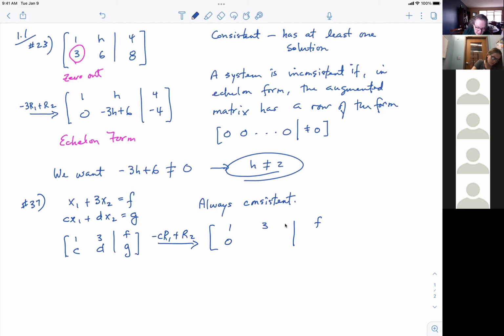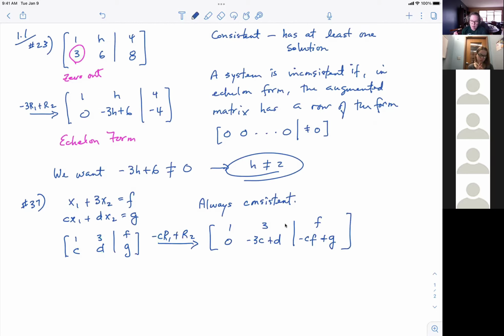And then I've got negative c times 3 plus d, so negative 3c plus d here. And then negative c times f plus g here. Everybody good with that?